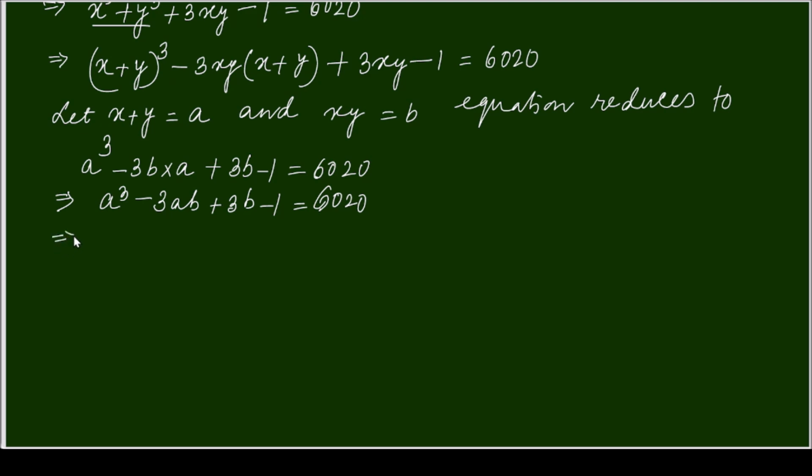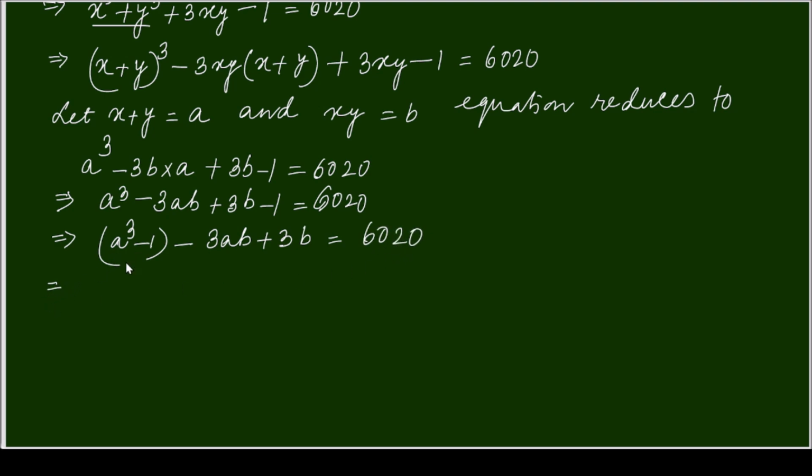Next I will make them pair. One is a³ minus 1 together, minus 3ab plus 3b equals to 6020.